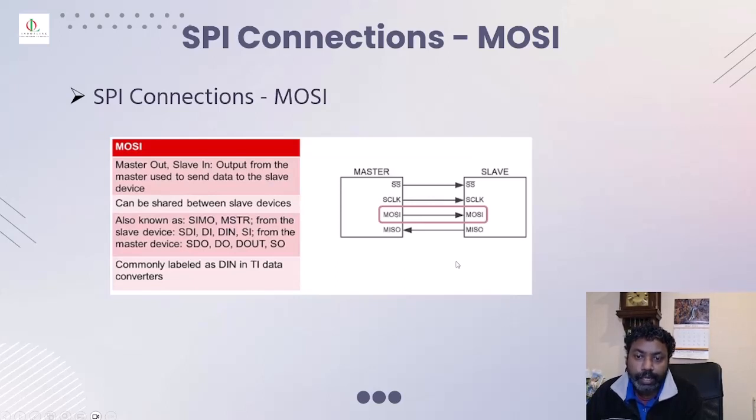In Texas Instruments and some other microcontrollers, you will hear this under different names: from the slave device it's called device in, DIN, and SI, and from the master device it's called data out, DOUT, and serial out. That's serial in, serial out. So it is commonly labeled as data in on TI data converters.